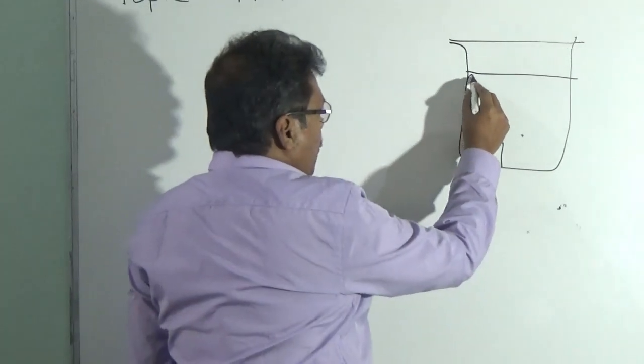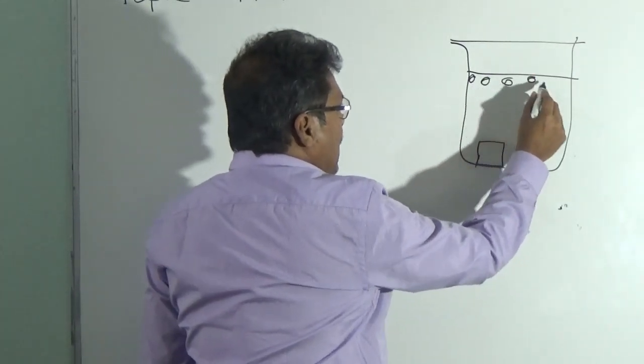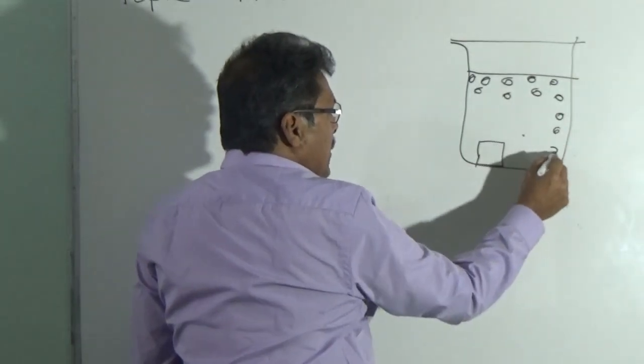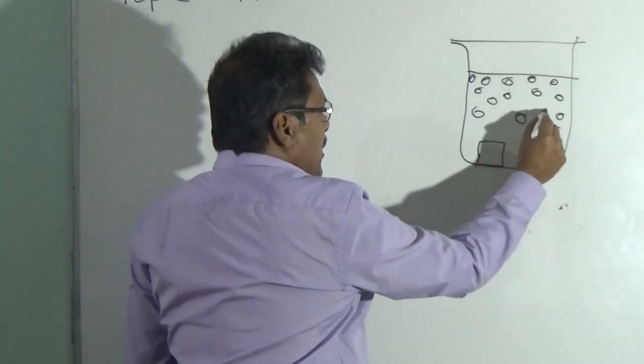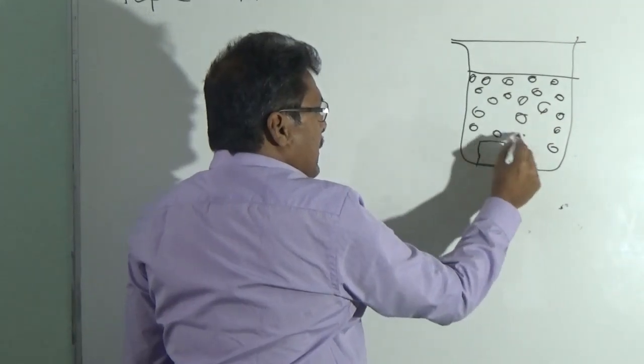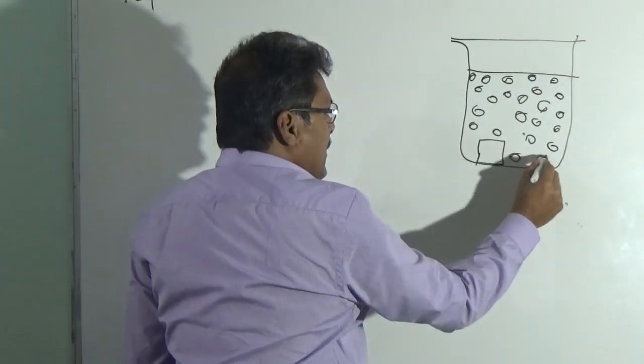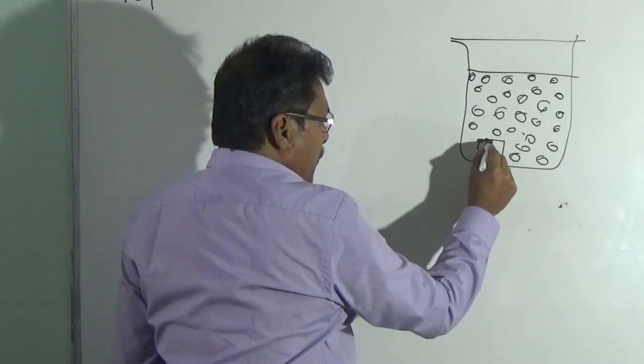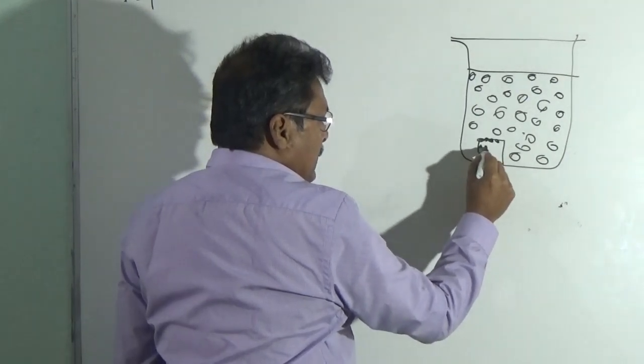Unless the water is made up of many tiny particles, and the potassium permanganate crystal is also made up of very tiny purple particles.